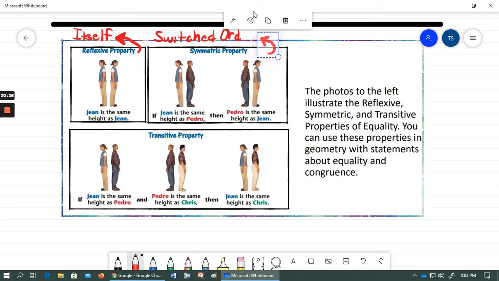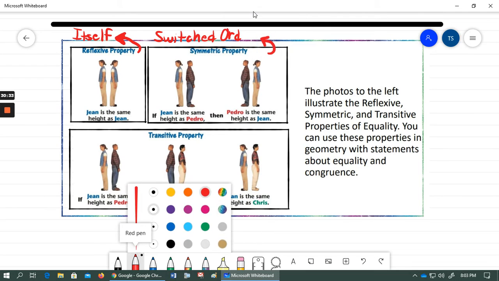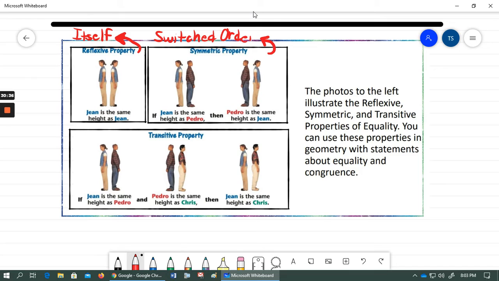So if two values are the same, like Gene's height and Pedro's height, then you could switch the order of that equality. If it was two values that were equal to each other, like two people's heights that are the same, as illustrated here, then you could switch the order of that equality.